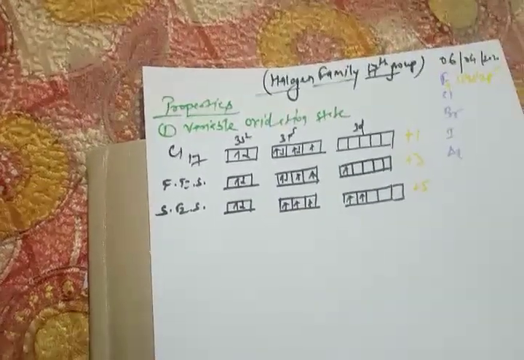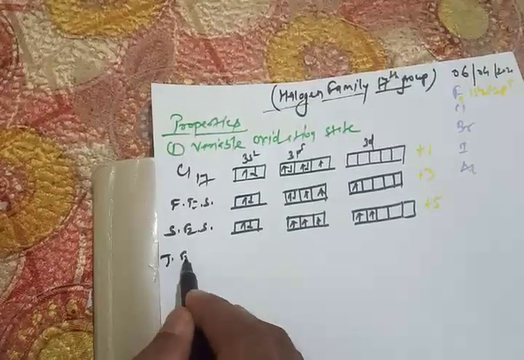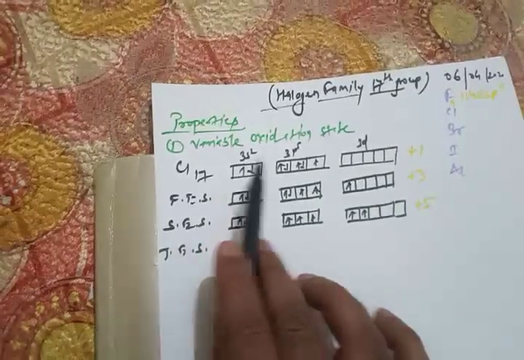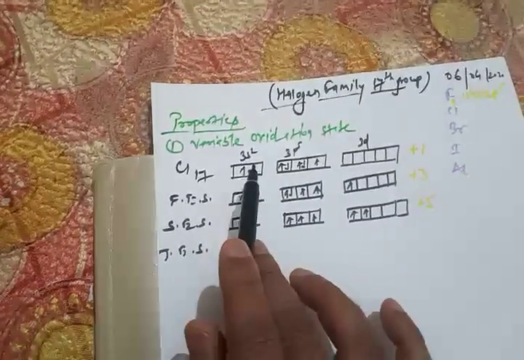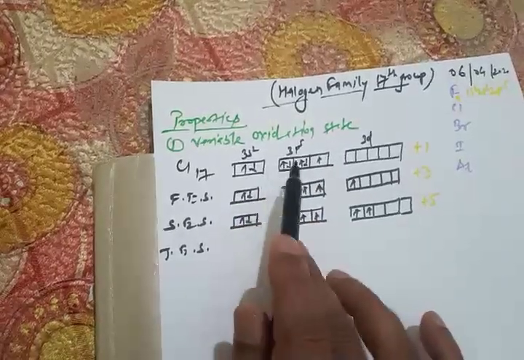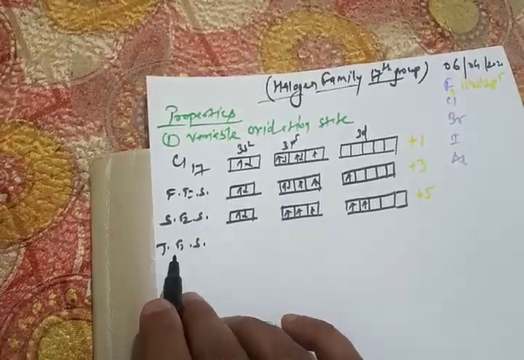There is one more possibility, so we'll go for the third excited state, because the s, p and d orbitals are available at the same energy level, so we can go for the first excited state, then the second excited state, then the third excited state.